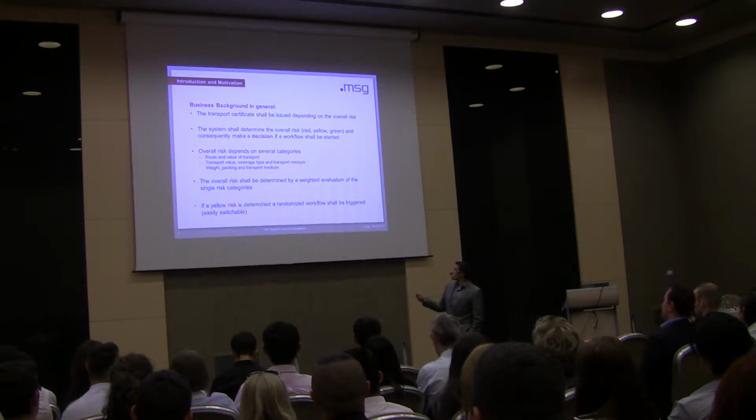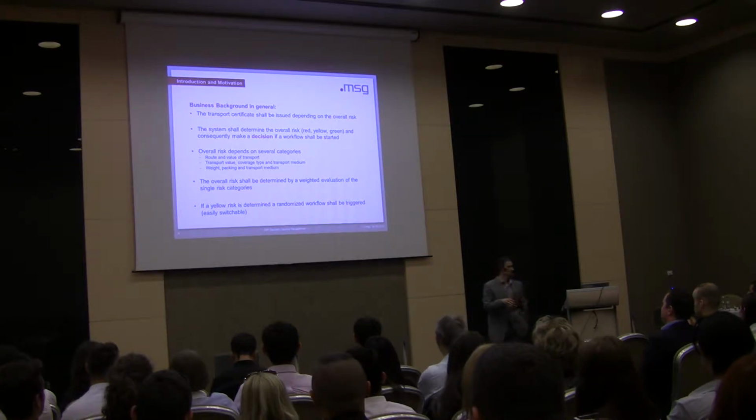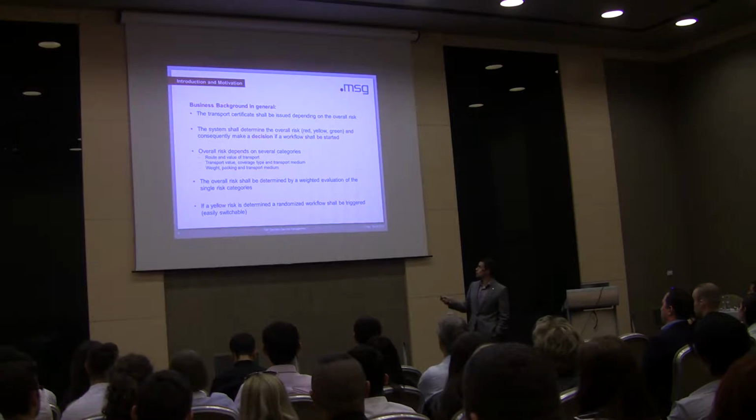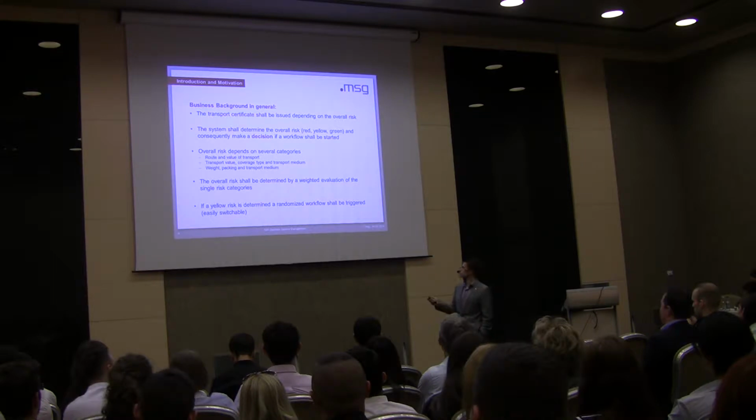So to make life not too simple, the overall risk depends on several categories. Perhaps you've seen that within the UI5 app. Victor entered a lot of data in there. He was quite fast, so I repeat all this data. There are several categories, for example, route and value of the transport. That's one combination that has to be evaluated, and there is a sub-risk defined by that.